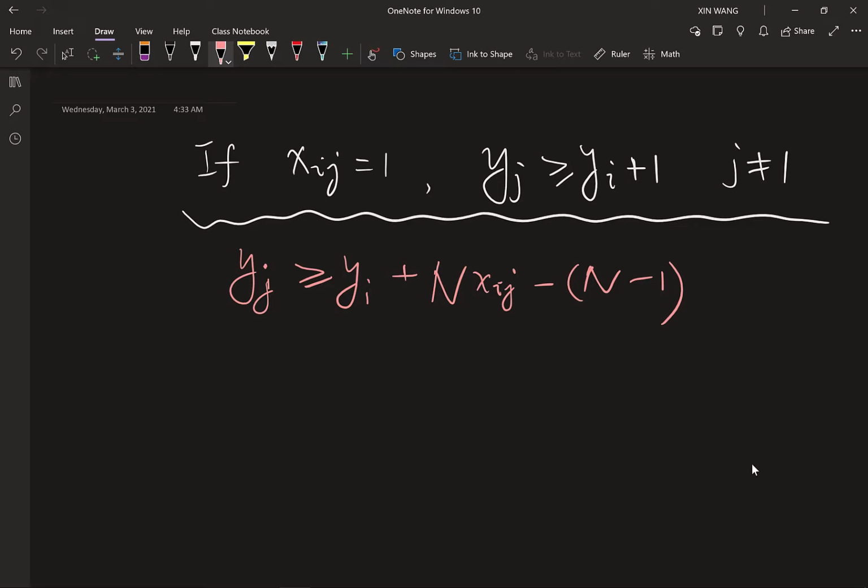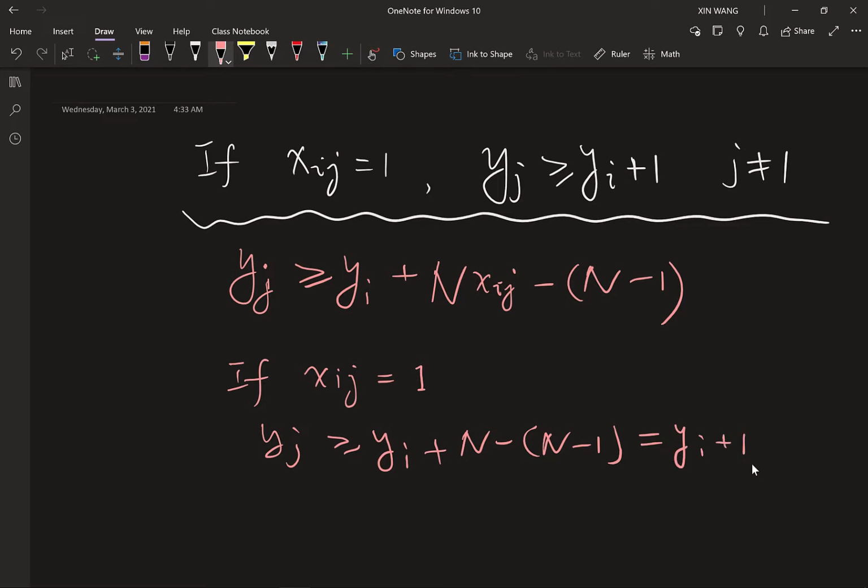Let's see why. If xij is 1, then the above formula will become yj greater or equal to yi plus n minus (n minus 1). So this is equal to yi plus 1. So this is exactly the expression we like to have.